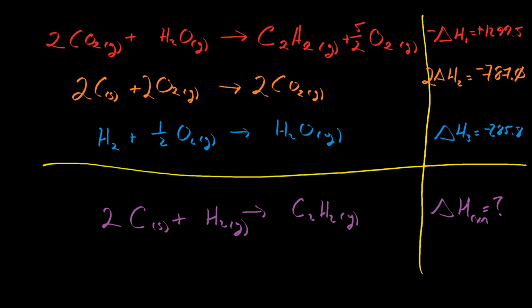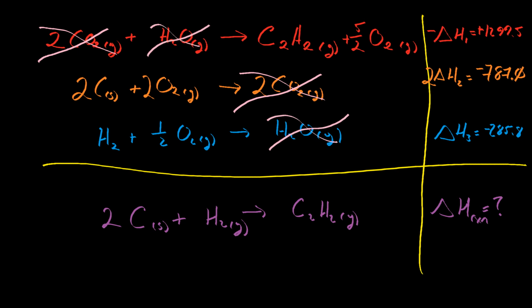We have 2 carbon dioxide among the reactants up in reaction 1, and we have 2 carbon dioxide among the products down in reaction 2. If it's on both sides of the arrow, it cancels out, so those go bye-bye. Next up, also fairly simple, we have 1 water among the reactants in reaction 1, and 1 water among the products in reaction 3, so those go bye-bye.